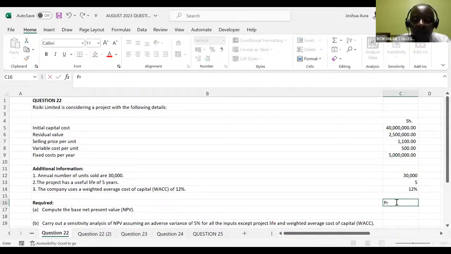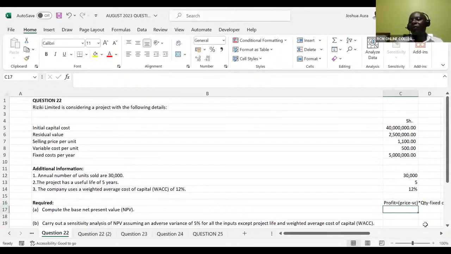Anytime you want to get profit in this kind of situation, you take the price given, you subtract the variable cost, whatever answer you get you multiply with the quantity, and then you subtract the fixed cost. If you're writing your notes, this is a very important formula amongst all the formulas.